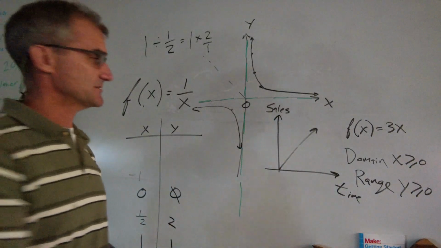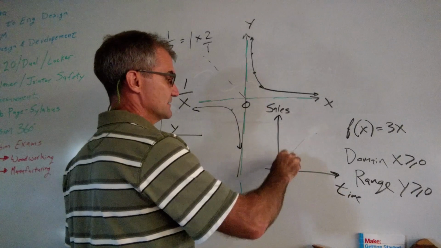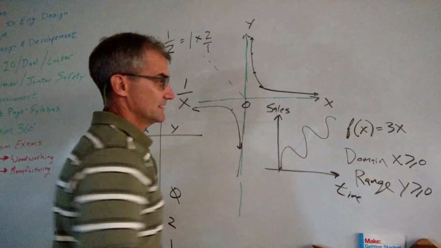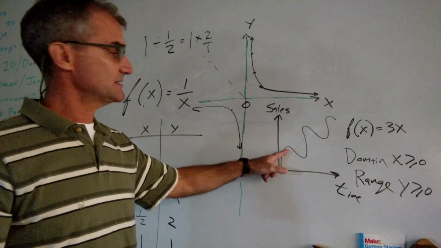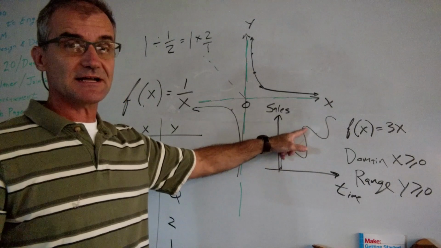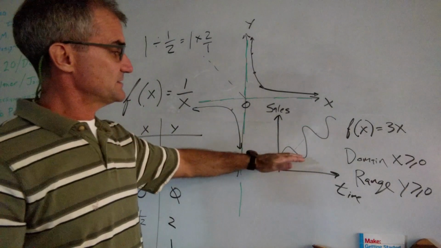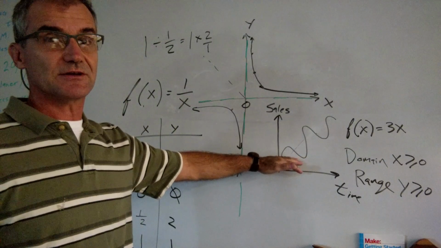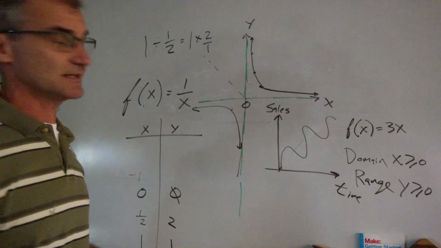Let's say I sell ice cream, right? That function might actually look like this. And again, it's seasonal, right? I probably sell a lot of ice cream in the middle of summer, not very much ice cream in the middle of winter. The next summer I sell a lot of ice cream, next winter not very much. So, if this is a model of your ice cream business, you probably want to introduce another product like coffees or something that you'll sell in winter.